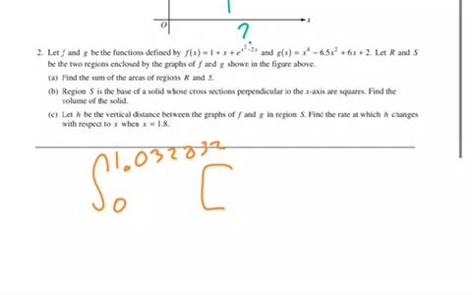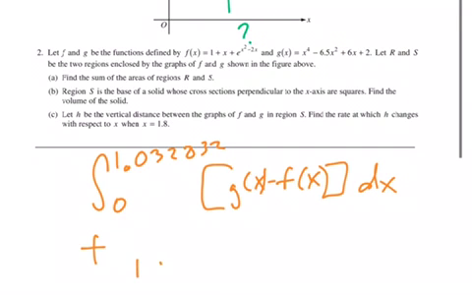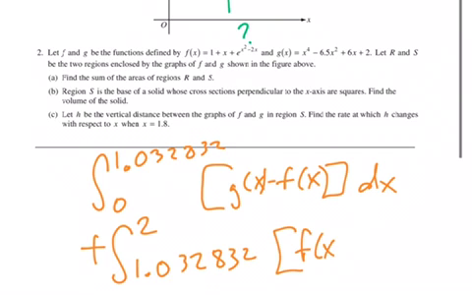So it starts off g of x minus f of x dx. And then we're going to add from 1.03282 to 2, where you'll notice that they switch. So it's going to be f of x minus g of x dx. So these are our two functions that we're looking at here.